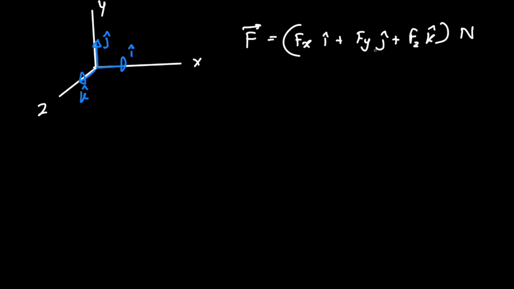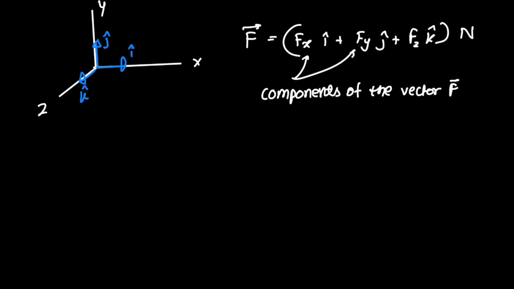So fx, fy and fz are known as the components of the force along these directions. So let me try to write down the words components of the vector f.